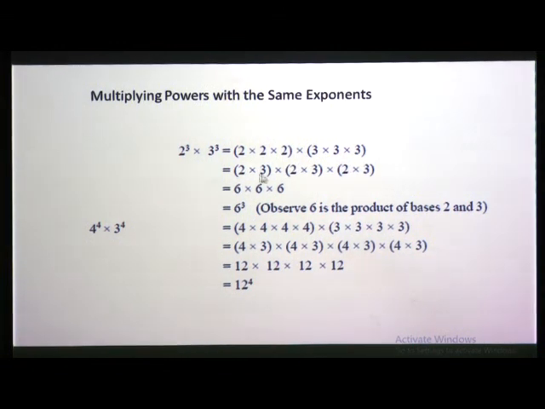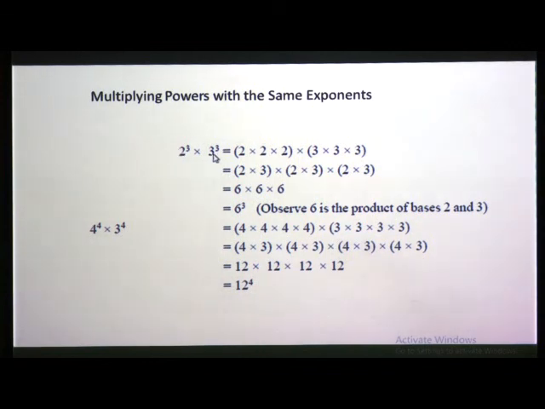So, 3 2s are 6, 3 2s are 6, 3 2s are 6. It is 6, 6, 6. We write the base as 6. How many times is it? 3 times. So, we write the exponent, the power, as 3. 6 raised to 3. Observe that 6 is the product of the bases 2 and 3.